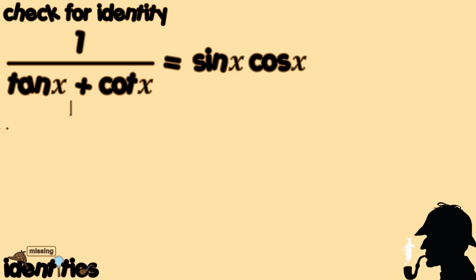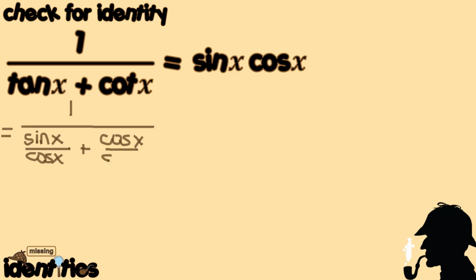So this is equal to 1 over, tangent x can be expressed as sine x over cosine x. That's just tangent, plus our cotangent x is cosine x over sine x.